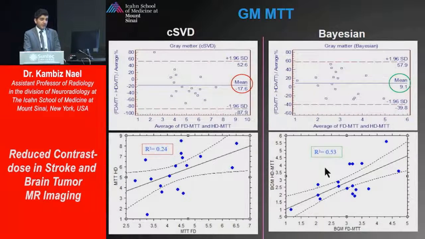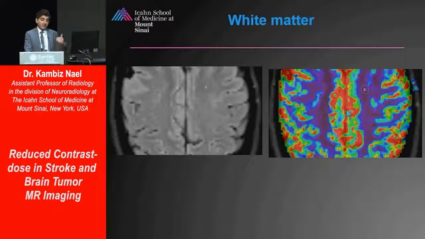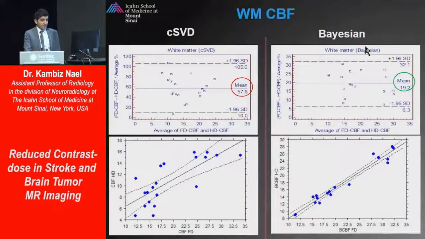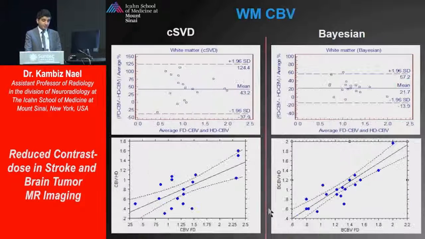And in white matter, as expected, since the perfusion is lower to begin with, these changes were even more dramatic. For white matter analysis, we drew ROI over the centrum semiovale, as you see here. And again, these are our results. So you can see significantly less difference between full dose and half dose CBF in white matter processed with Bayesian compared to CSVD, and significantly better correlation between the two.